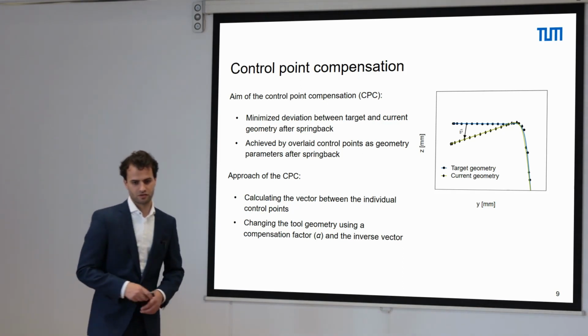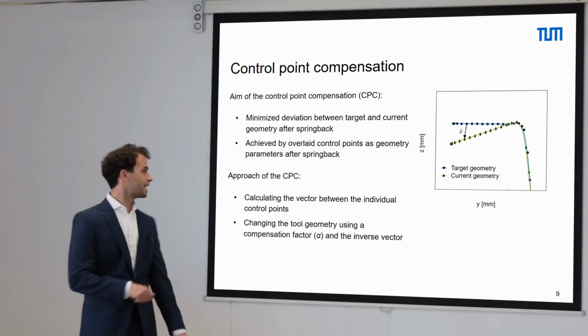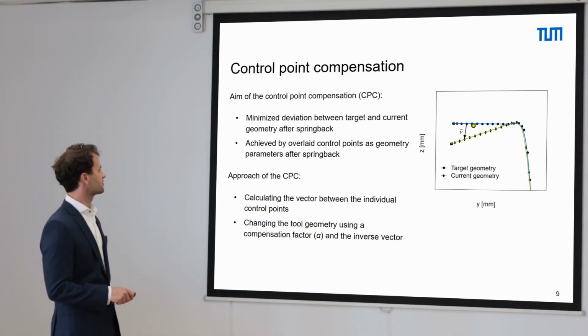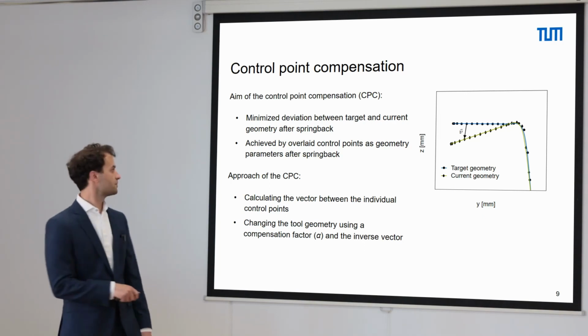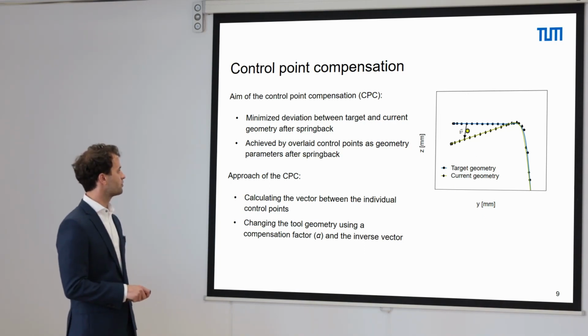So the approach of the control point compensation is to calculate the vector between the control points with the same index. For example, shown here for control point number 5: 1, 2, 3, 4, 5. And we have this vector here.